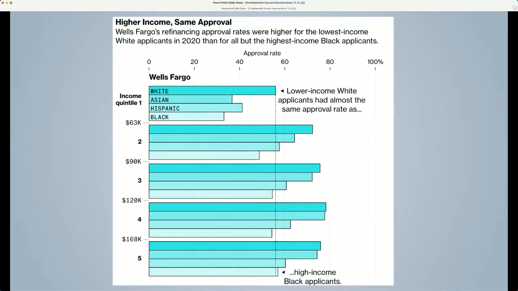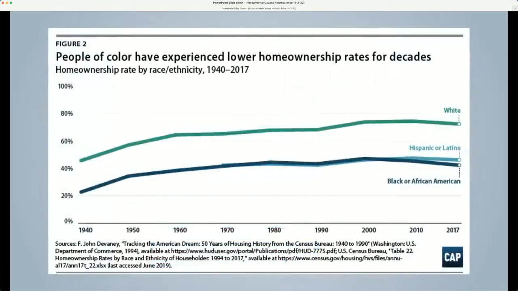So people of color have experienced low home ownership rates for decades, as I noted, and this chart simply illustrates that problem going back to 1940. Now, this is really important to understand. When African Americans finally manage to buy a home, the economic theft continues.